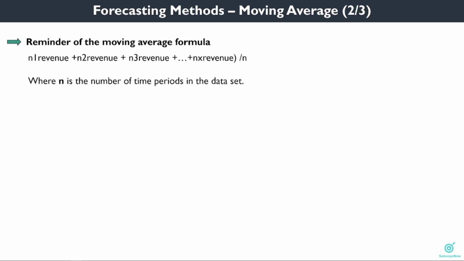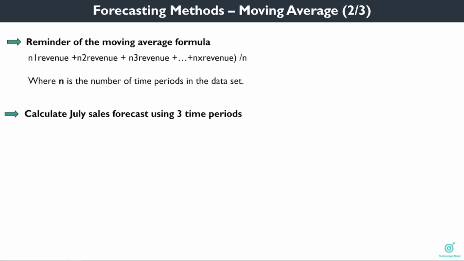The first step in using the moving average forecasting method is deciding on the number of time periods. Here we have decided to use 3 time periods, so N equals 3. The calculation will only include sales revenue for the 3 most recent time periods, April, May, and June.